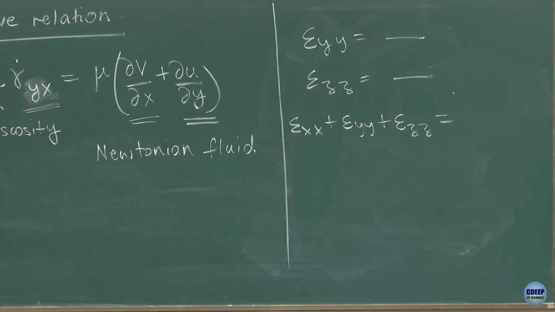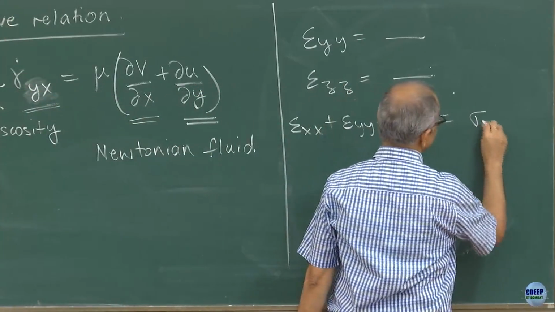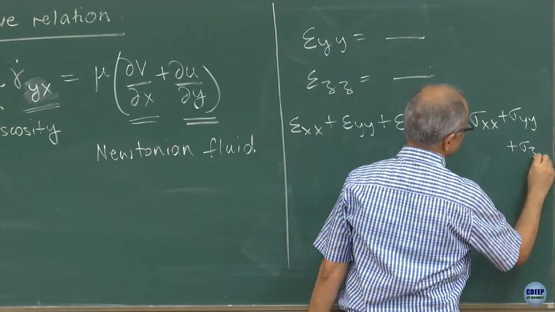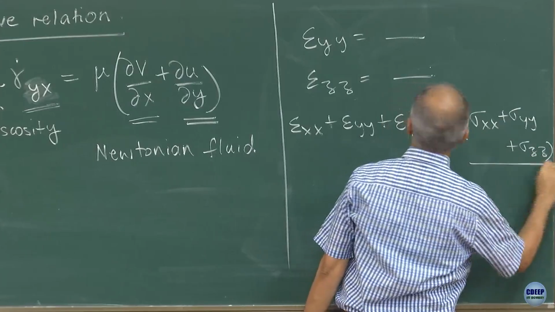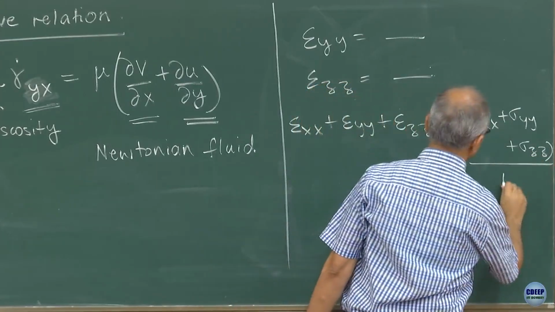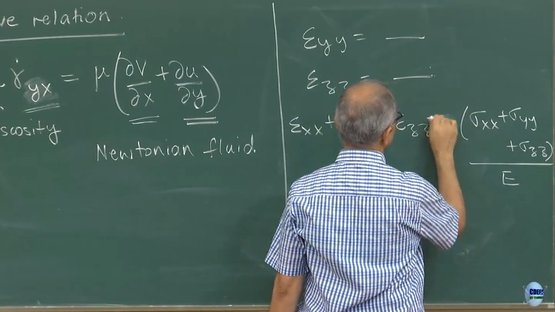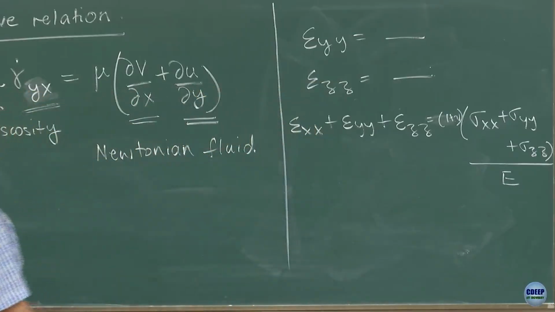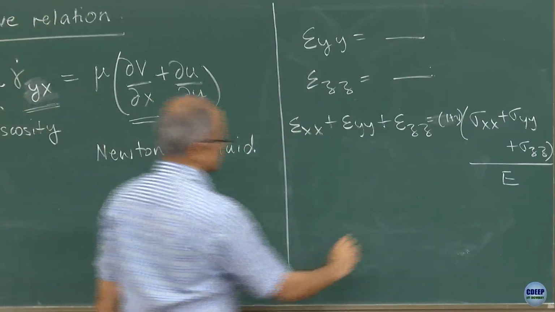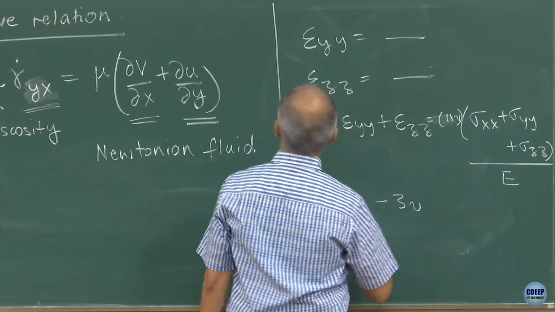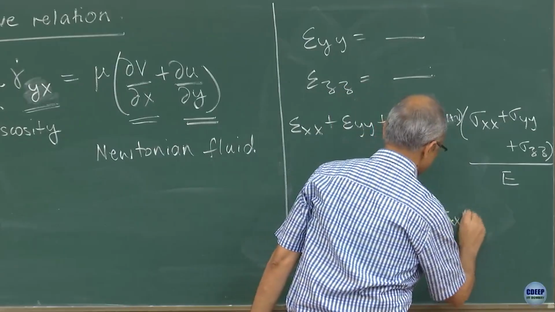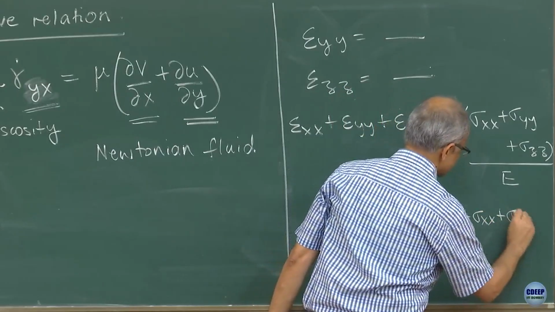Sigma xx plus sigma yy plus sigma zz, divided by E and multiplied by 1 plus nu, and for the remaining, I will get minus 3 nu upon E times sigma xx plus sigma yy plus sigma zz.